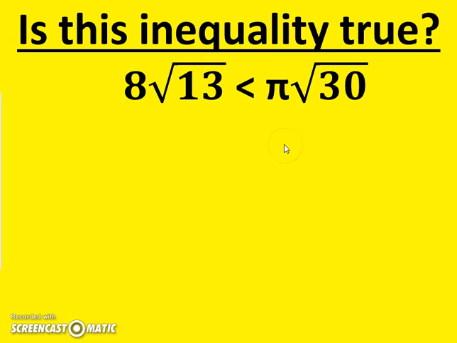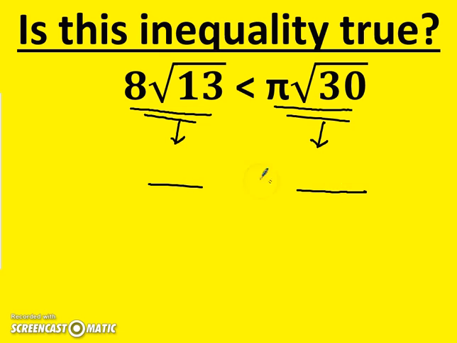Now, you can also determine if inequalities are true or not. We're not going to actually work this problem out, but I'm just going to explain the strategy. So your strategy would be to use your estimation strategy to turn this into a decimal, and use your estimation strategy to turn this into a decimal. After you have your decimal, see if the one on the left is less than the one on the right.